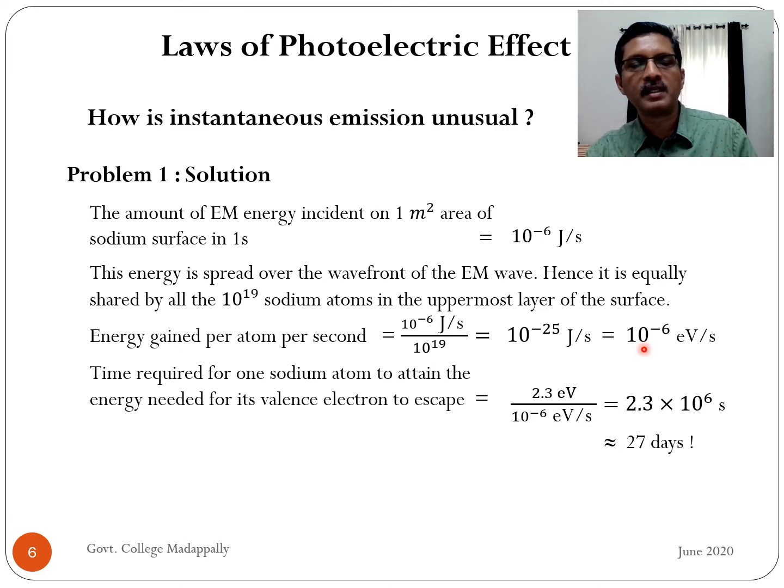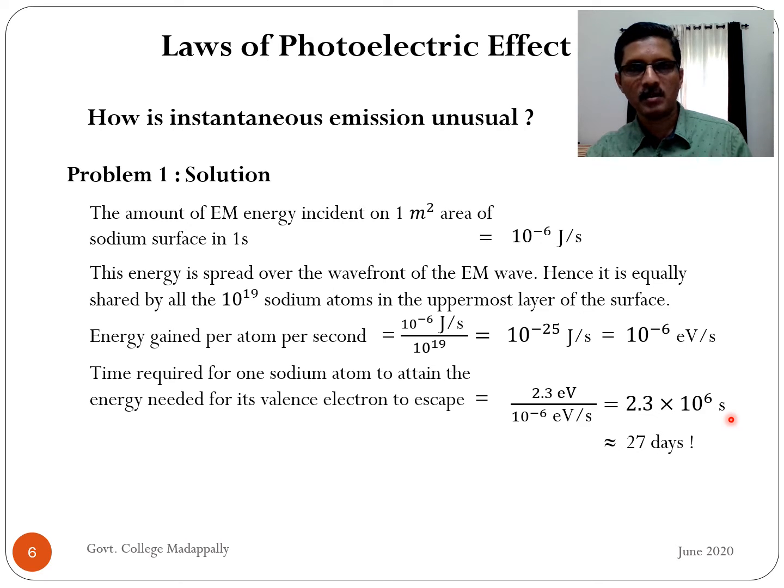So in how many seconds will this build up to 2.3 electron volt? You divide 2.3 electron volt by the energy gain per second for an atom, which is 10 raised to minus 6 electron volt per second. The electron volt will cancel, so 2.3 into 10 raised to 6 seconds.